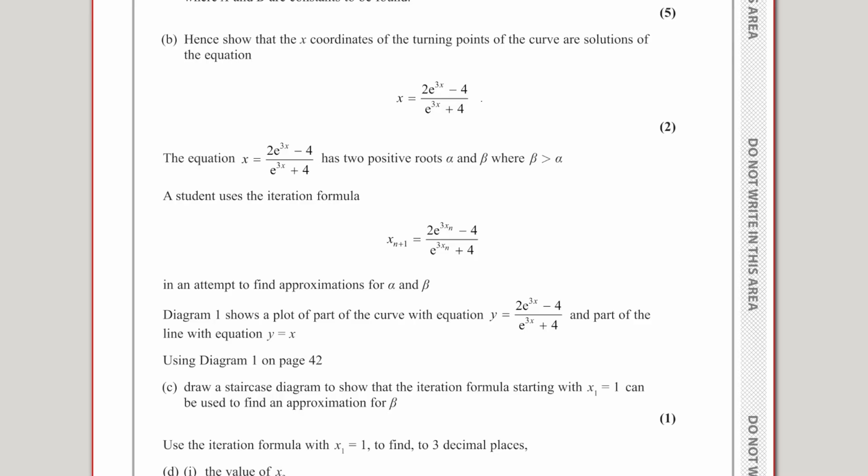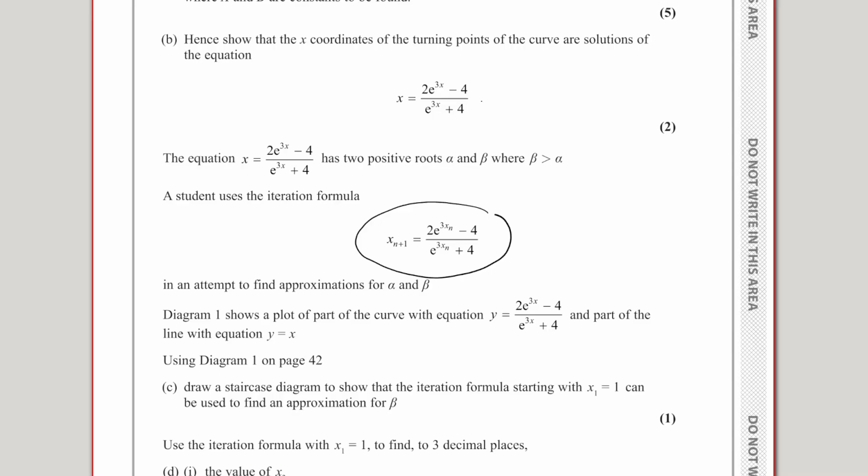Okay, so that equation has two positive roots, alpha and beta. Beta is greater than alpha, and it's becoming an iteration formula. And the student uses it. Diagram 1 shows part of the graphs of y equals the right hand side and y equals x.